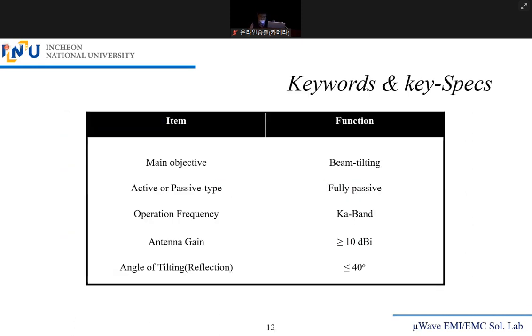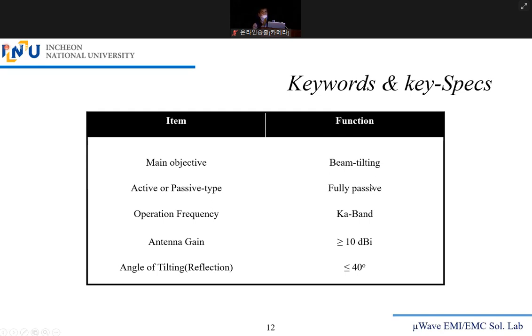Anyway, I was so enthusiastic about the problem. I should tap into the keywords and key specs. You can see several items and their related functions. The main objective for my talk and for RIS people is beam tilting.